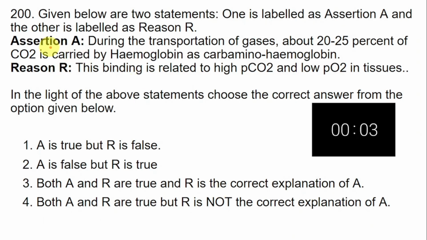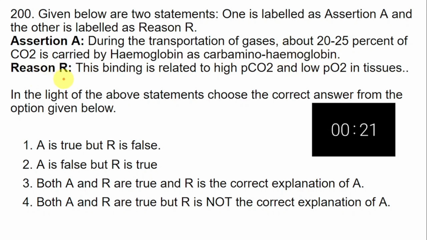Assertion reason question. Assertion statement says, during the transportation of gases, about 20 to 25% of carbon dioxide is carried by hemoglobin as carbaminohemoglobin. Correct. This is true.